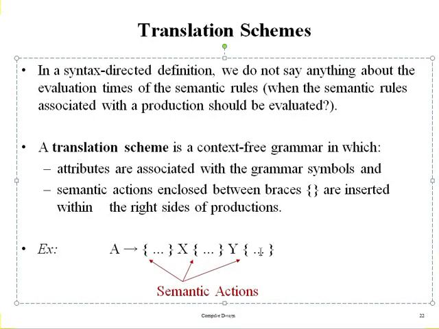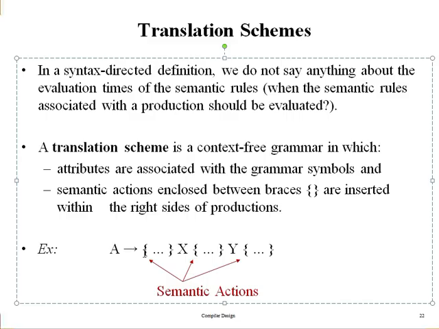So this shows that the last semantic action will be evaluated last. That is, after the previous two semantic actions are evaluated, then lastly the last semantic action will be evaluated, and the middle one will be evaluated after the first semantic action is evaluated.